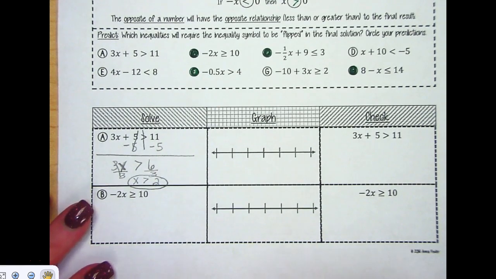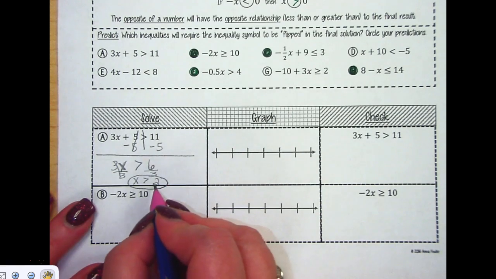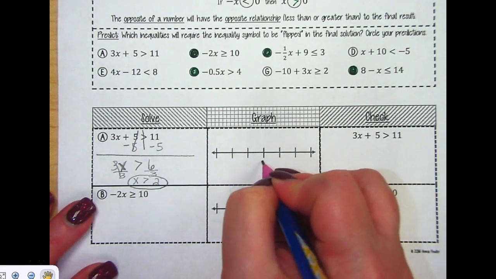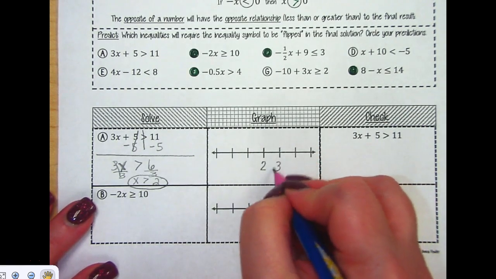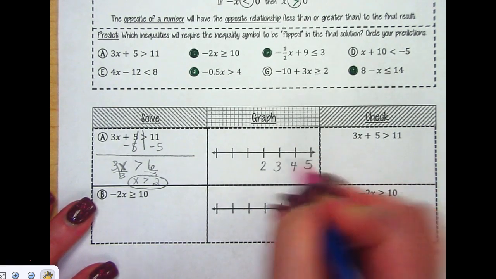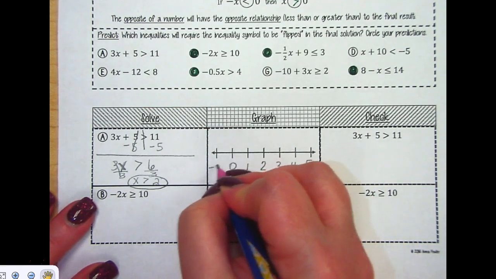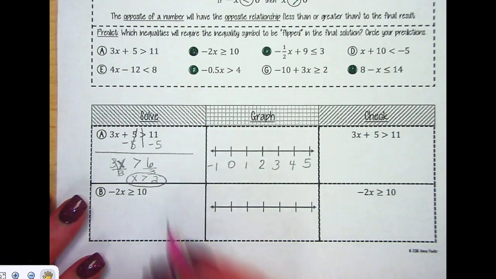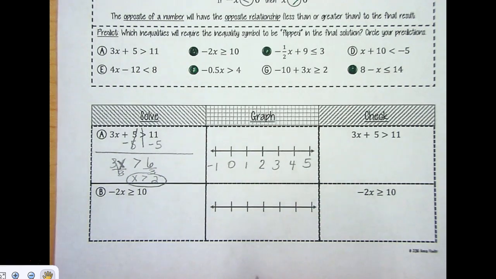How am I going to graph this? This is an open number line, so in the middle of the number line is where I want to put this number. So I'm going to put a 2 here. Going in this direction it gets bigger: 3, 4, 5. This way gets smaller: 1, 0, negative 1. So you always put your number in the middle, and then put the appropriate numbers around it.